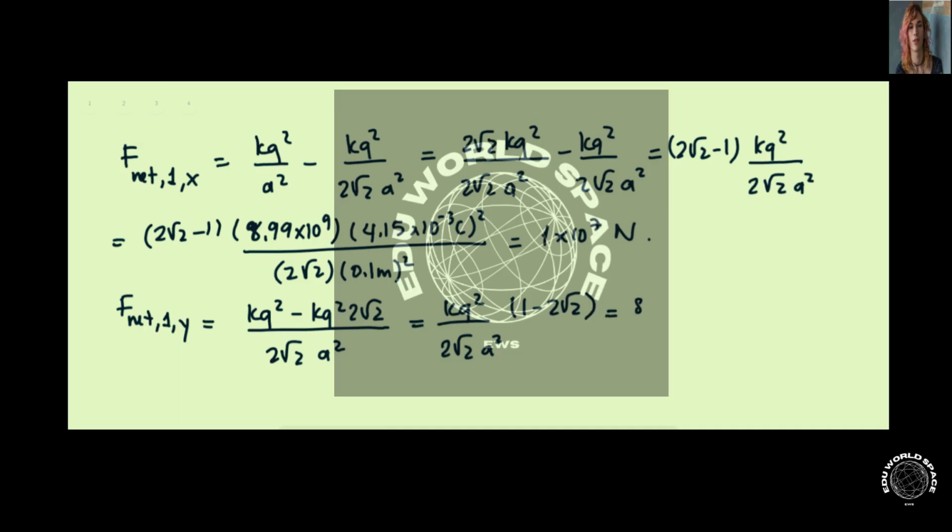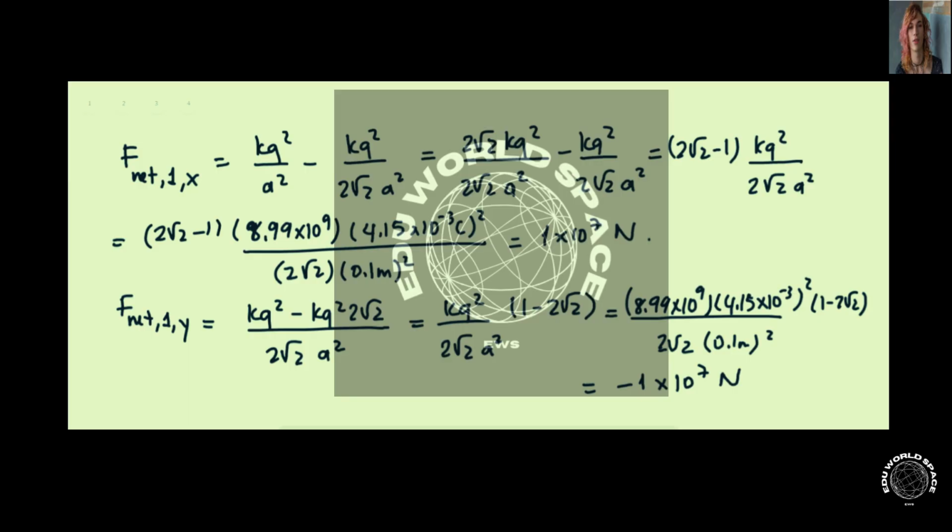Let's calculate: 8.99 times 10 to the power of 9 times 4.15 times 10 to the power of negative 3 squared, over 2 square root of 2 times 0.1 meters squared, times 1 minus 2 square root of 2. So the y component of the net force acting on the first charge is the negative of the x component. All right, we're almost there.